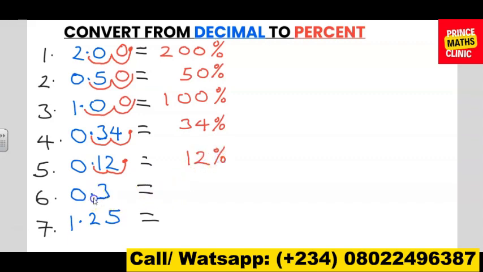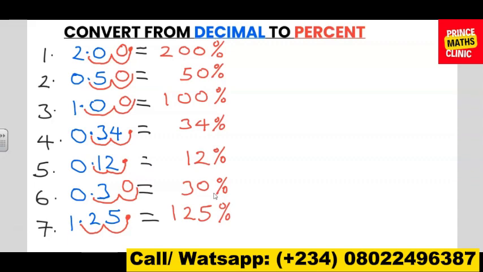Then I need to move my decimal 2 steps, 1, 2, fill up this space with 0, so I have this to be 30%. Then lastly, this is already 2 digits after the point, so I just need to move my decimal 1, 2 steps, then write out all the numbers starting from this 1. So this becomes 125%. So that is how to treat questions like this.